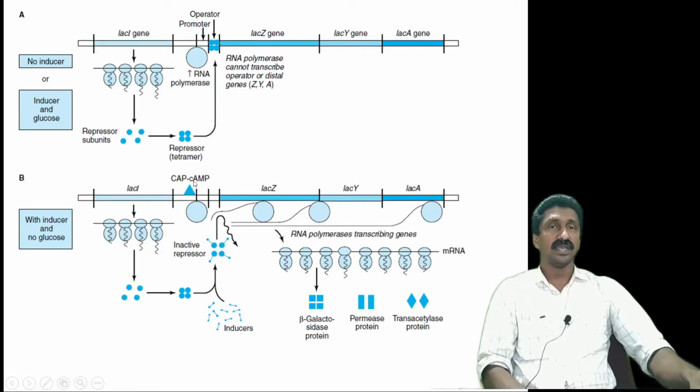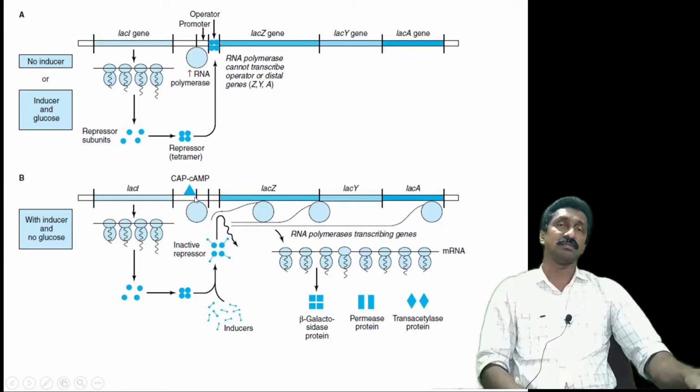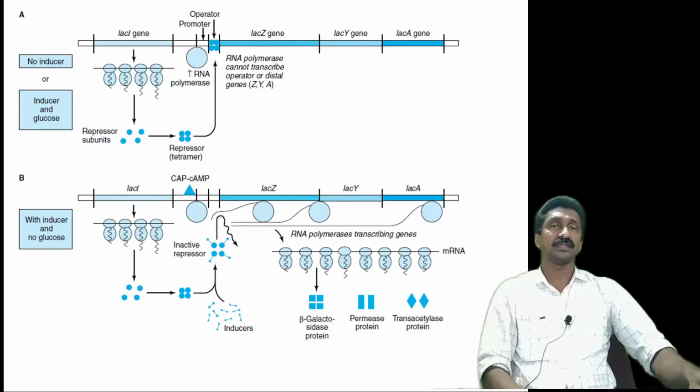Since there is no glucose, the cyclic AMP-CAP complex can bind, and effectively it increases the binding of the RNA polymerase, and the RNA polymerase can move forward. In the absence of the repressor molecule, it can start the transcription of the genes Z, Y, and A. So the polycistronic mRNA is produced, and the concerned proteins, beta-galactosidase, permease, and transacetylase, are translated from this mRNA.